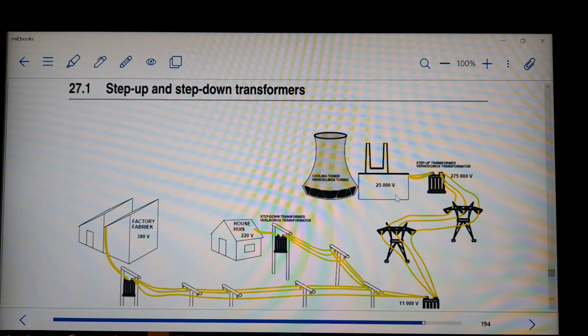You see, the electricity leaving the power station is 25,000 volts, and it goes to a step-up transformer. Now it is 275,000 volts because it has been stepped up. Then it goes to the transmission lines.